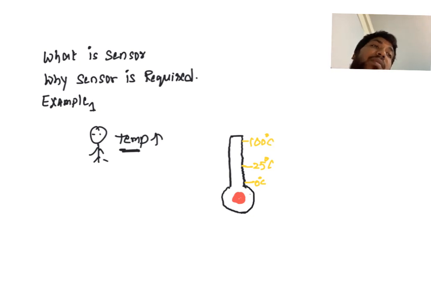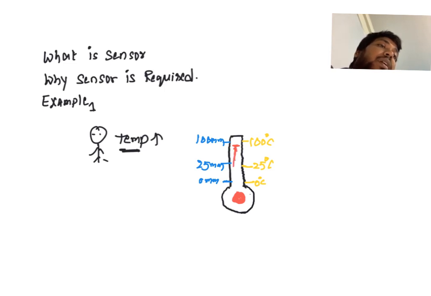Now the interesting fact is that on this side of the thermometer we also have an indication in terms of mm. It might be 0 mm, maybe 25 mm here, and 100 mm here. Now look at the example, very simple. The moment this thermometer is inserted in your mouth, the mercury column will rise, slowly increasing its height.